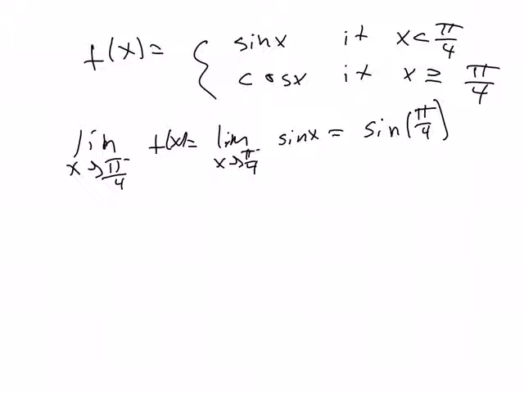This follows from the fact that sine is continuous, so we can just plug in the number for the limit, and this is equal to the square root of 2 over 2.